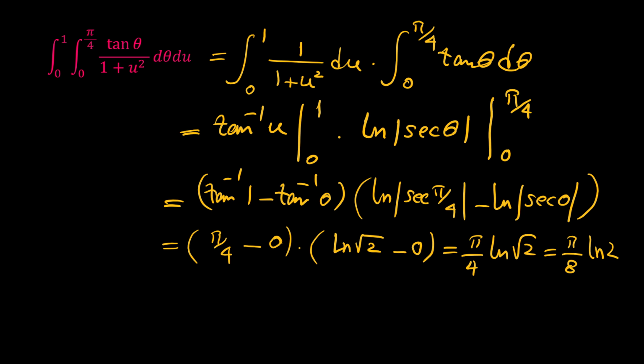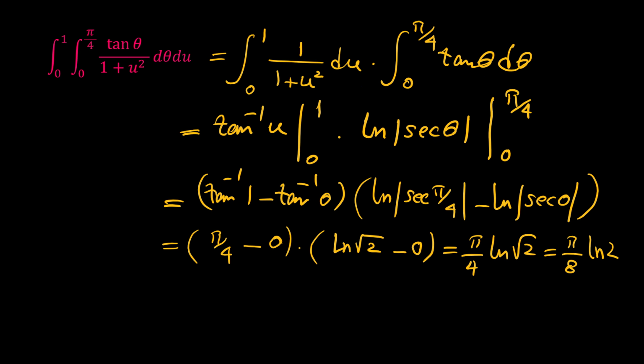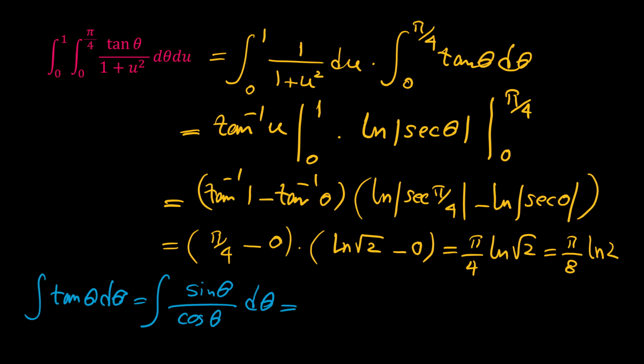Now let me explain to you how the integral of tangent is ln of secant of theta, if you don't know the rule or formula. For finding the integral of tangent theta d theta, attention, tangent is sine over cosine d theta.